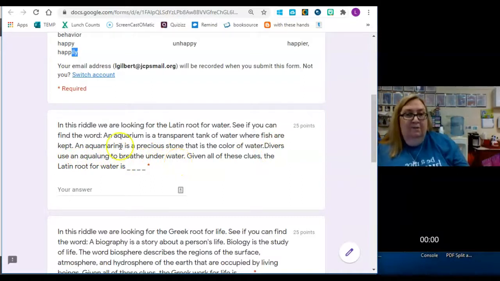So we have 3 clues: aquarium, aquamarine, and aqua lung. What do you notice that's the same in all 3 of these words? Let's look at their definitions first. An aquarium is a transparent tank of what? Water. An aquamarine is a precious stone that is the color of water. Divers use an aqua lung to breathe underwater.